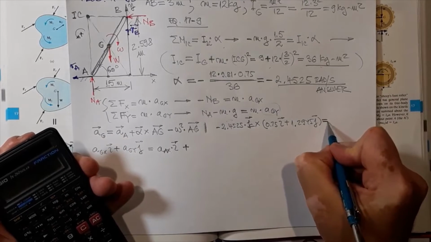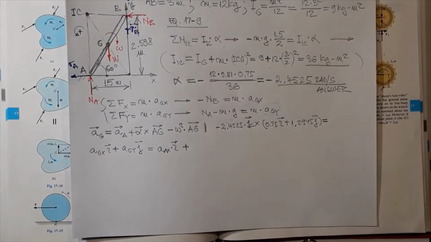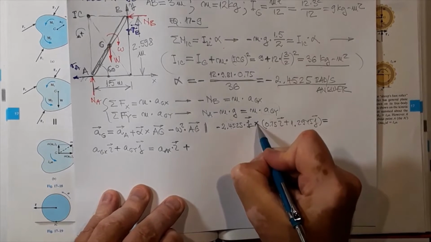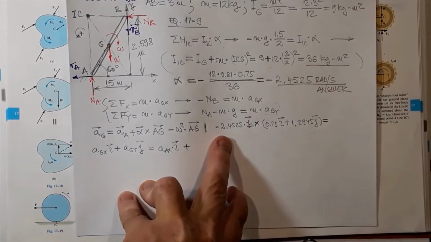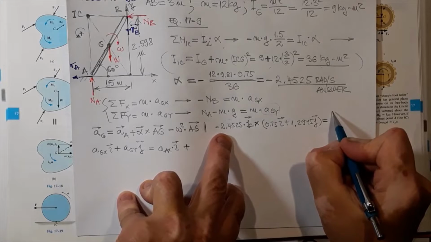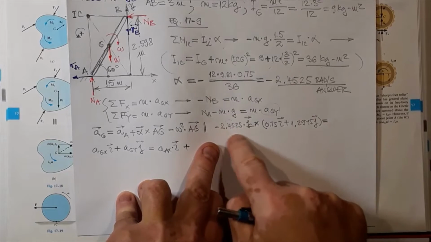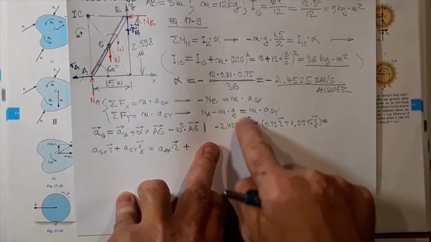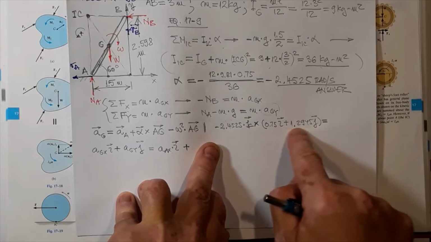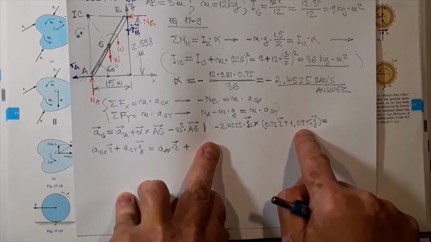And we've seen this before. When you do this cross product, you get negative magnitude of what's along K times the J component.